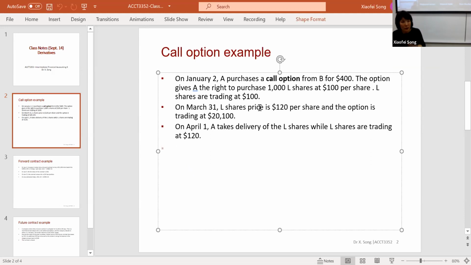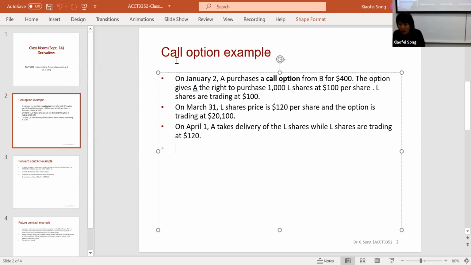So when the L share's price goes up, the option's value goes up. And on April 1st, A takes delivery of the L shares, while L shares are trading at 120. So you start with A entering the contract on January 2nd, and on April 1st, the contract is closed, executed, exercised.